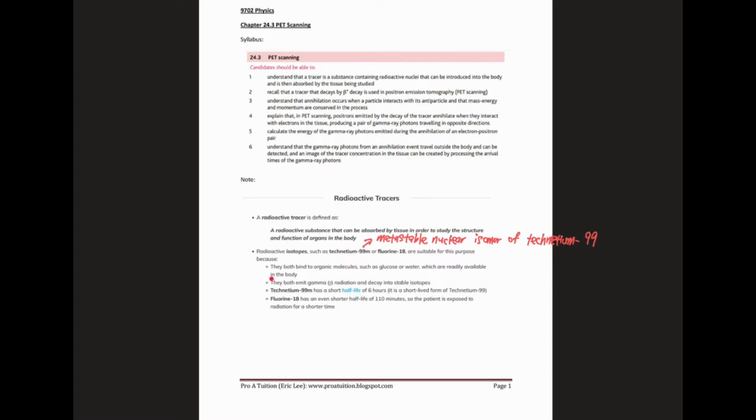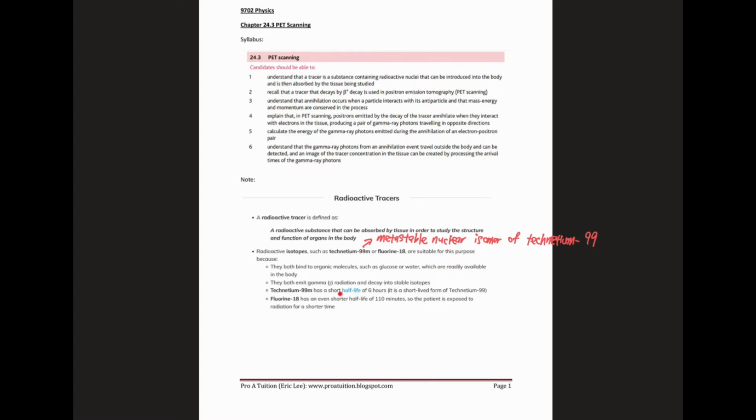Now the next point: they both emit gamma radiation and decay into stable isotopes. They are radioactive isotopes, so they emit gamma rays. Next point: technetium-99m has a short half-life of 6 hours. It is a short-lived form of technetium-99.